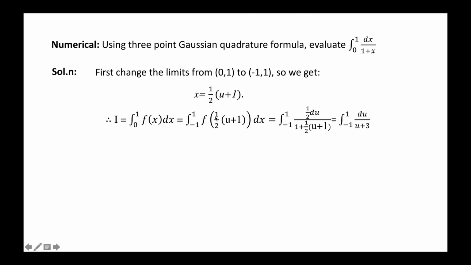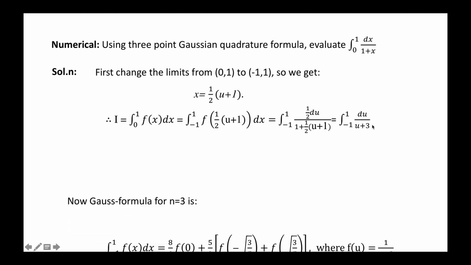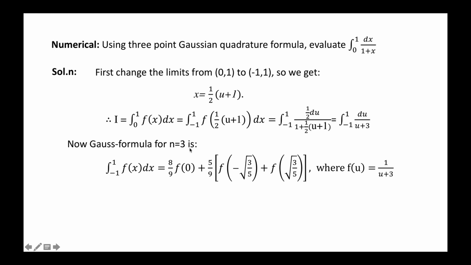So your initial integral from 0 to 1 of dx over 1 plus x, on substitution for changing the limits, becomes the integral from -1 to 1 of du by (u + 3). Now the Gauss formula for n equal to 3 is 8/9 f(0) plus 5/9 [f(-√(3/5)) + f(√(3/5))], where f is the function, f(u) = 1 over (u + 3).